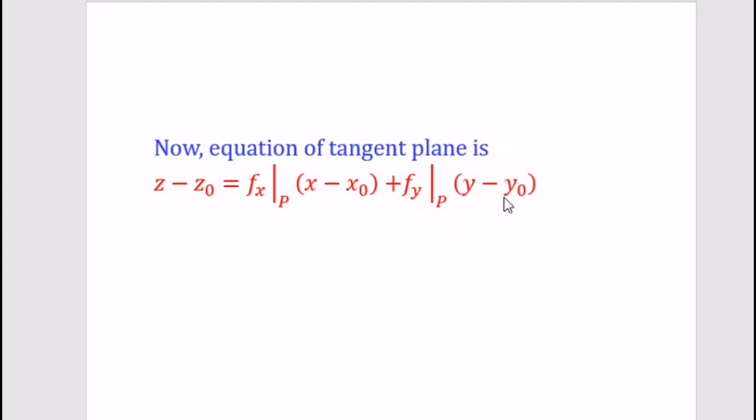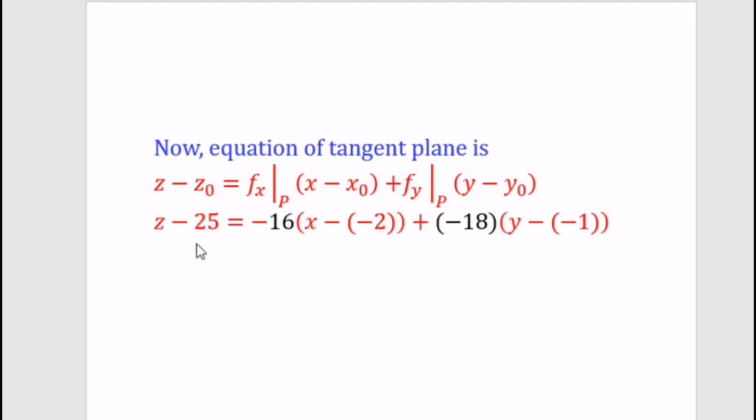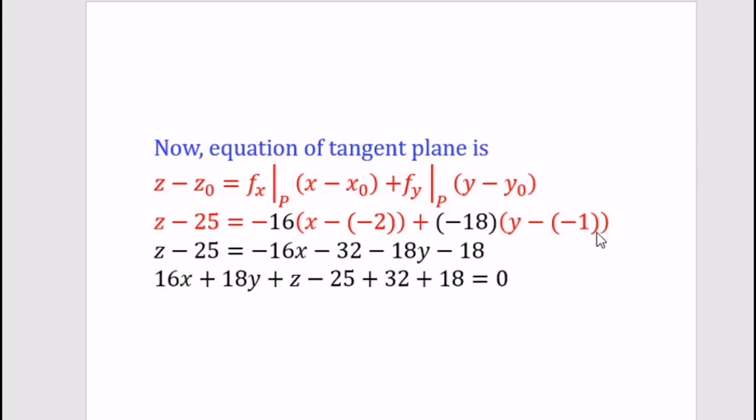So by substituting these values in this equation, we have z minus 25 is equal to minus 16 times (x minus negative 2) plus minus 18 times (y minus negative 1). By solving this, we have 16x plus 18y plus z plus 25 is equal to 0.